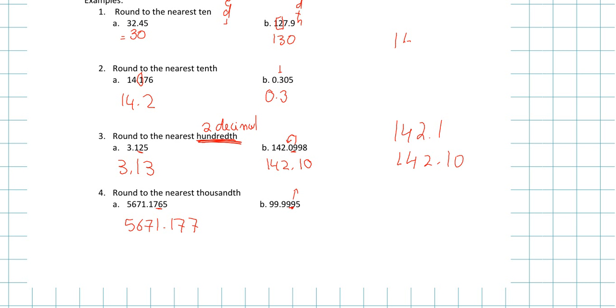So this is going to be 100. But I can't leave it as just 100 because I want it to the nearest thousandth. So how many zeros do I have after the decimal? 3. So this is going to be 100.000. Are we okay with that?